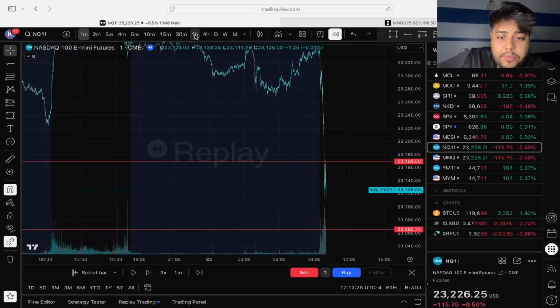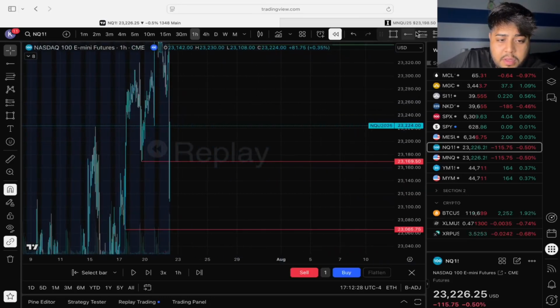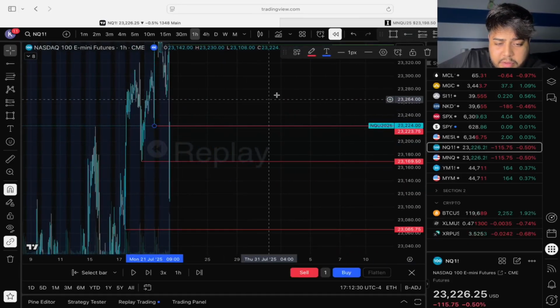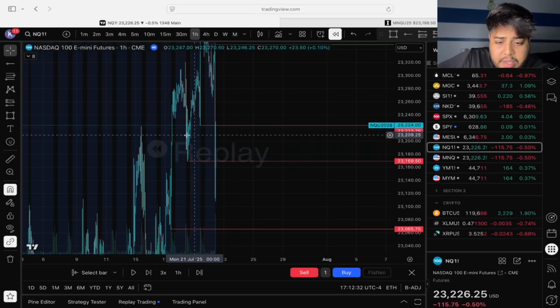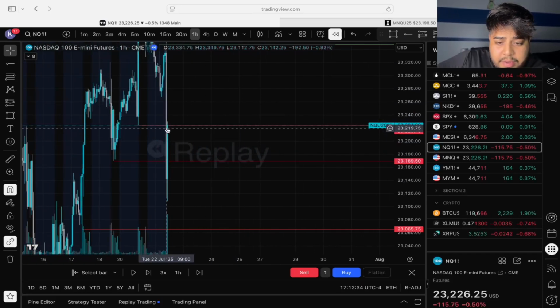So for example, this was another liquidity that it swept, and as soon as it swept here, I'm looking for a reaction around here. But since it pushed all the way down through the next liquidity, this one automatically I don't care about.